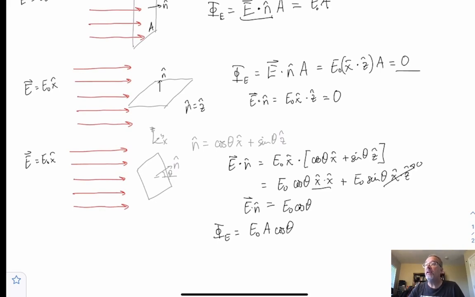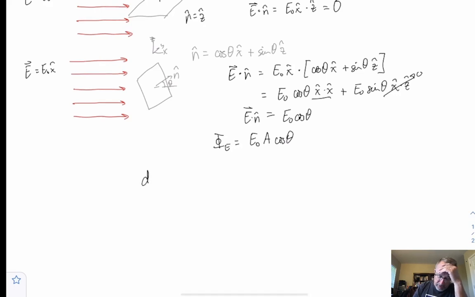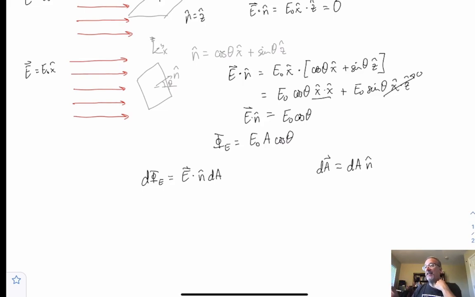Now occasionally you might have surfaces that vary. It's not well defined like this, and maybe you need to integrate over a surface, in which case you can talk about a differential element of the flux, defined in the same way. It's just going to be equal to E dot n hat dA, and that's the way that we sometimes see it. In fact, some books will call dA a vector in and of itself, but dA is understood to be the magnitude of dA in the n hat direction.